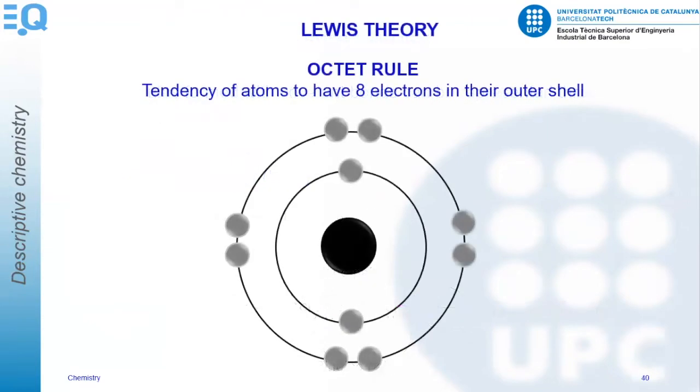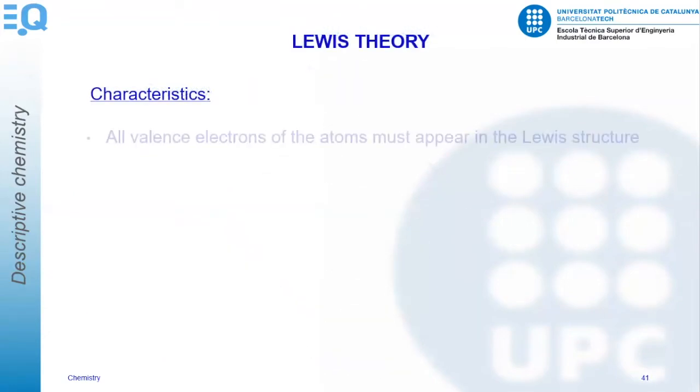This theory helps us understand the octet rule. This octet rule means that all atoms would rather have 8 electrons in their outer shell. What are some characteristics? When we represent the Lewis structure, all valence electrons must be represented.